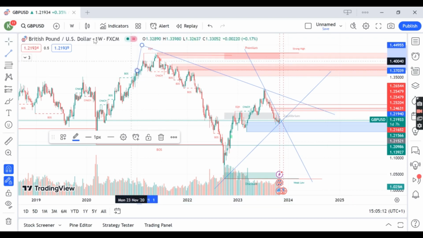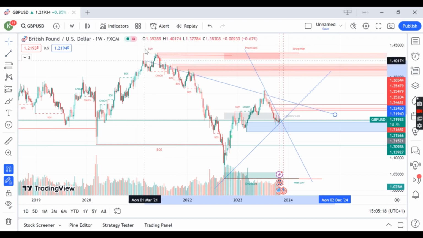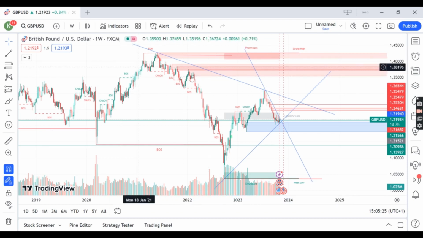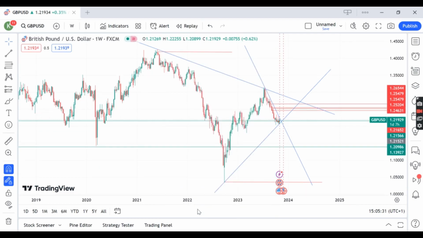Now you might be wondering, what is the indicator that we have currently on the screen? For the sake of this video, I'm going to take out that particular indicator so we can have a clear screen. So if I take out the indicator, you find that we have just the charts and the trend lines which I just drew.